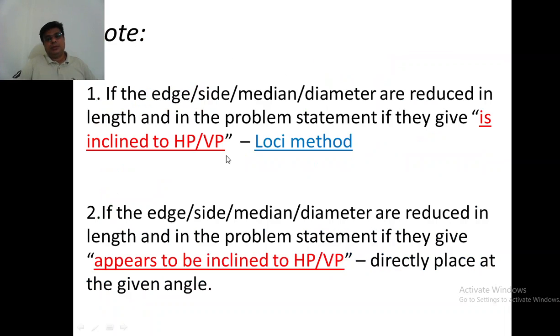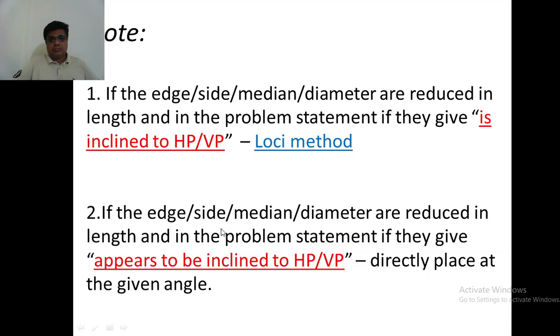And one more thing, when the length of a side, edge, median or diameter is reduced, and in the problem they give that the side, edge, median or diameter is inclined to VP, you have to use the loci method, where you take the true length of that median and the apparent length of that median.